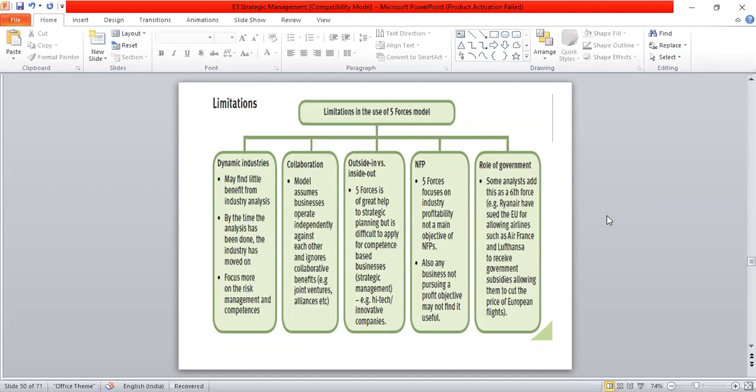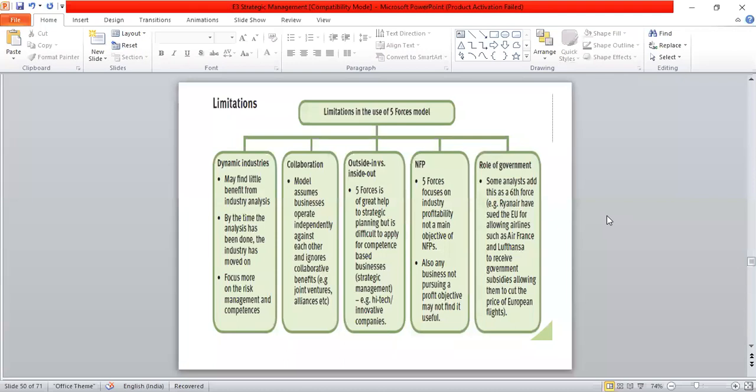And then the next one talks about outside-in versus inside-out. The external analysis, the external factors, when we are talking about them, may not be so much applicable for those organizations who are more into research, development, innovation, and some of them who are actually the leaders.